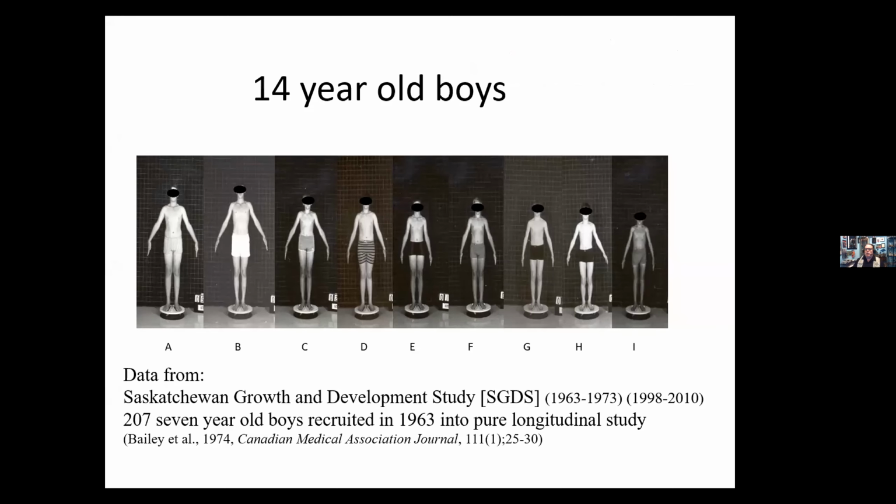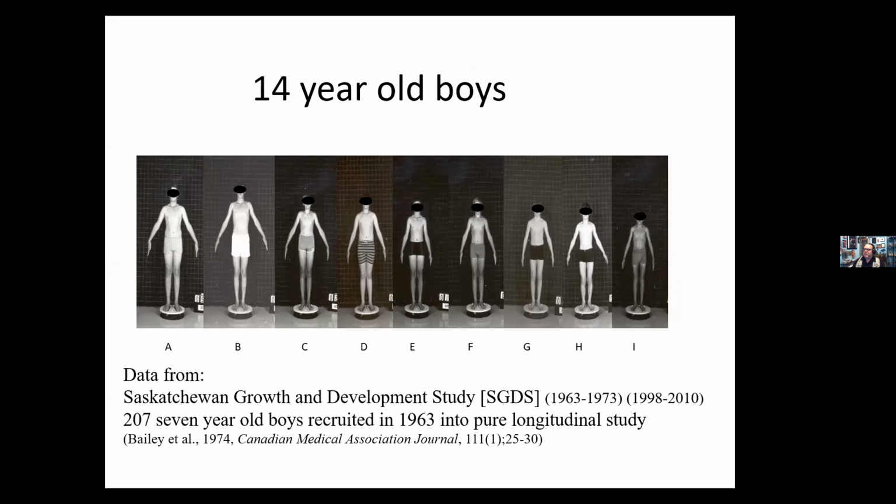Ultimately, what people see is that you'll have a group of boys or girls of a similar chronological age, and that's illustrated in this graph. We have boy A through to boy I. These all have a chronological age of 14 years.